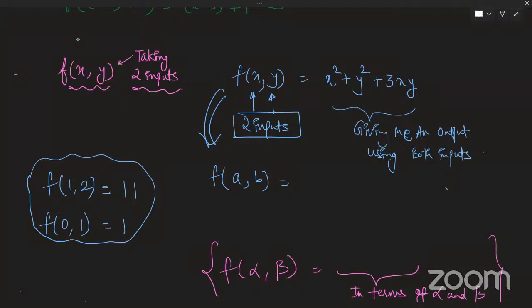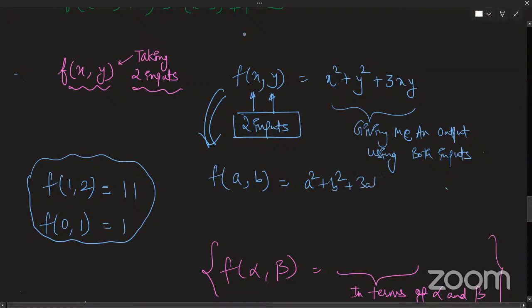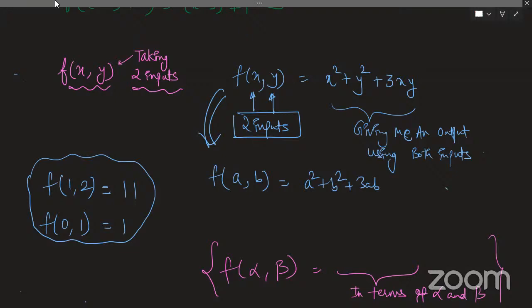Can you tell me? See, I have this equation, f of x comma y is equal to x square plus y square plus 3xy. So can you tell me what will be my value of f of a comma b? It is obviously a square plus b square plus 3ab, right? Wherever I saw x, I put a in its place, and wherever I saw y, I put b, right?